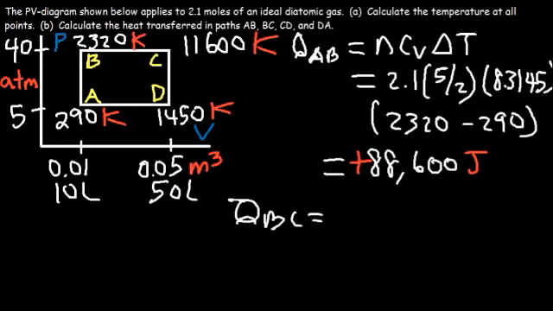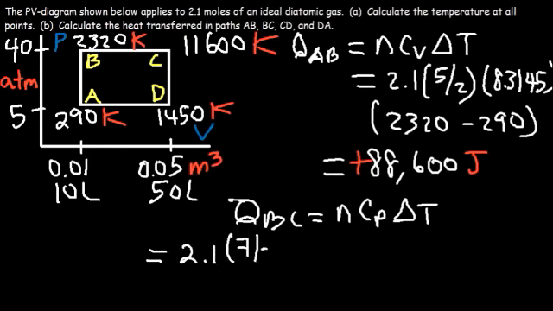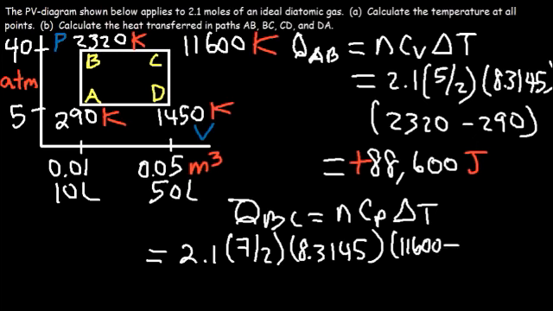So we can use the equation nCp delta T. Now the Cp value for a diatomic gas is going to be 7 over 2 times R. And going from B to C, the final temperature is 11,600 minus the initial temperature of 2320. So this is going to be about 567,000.